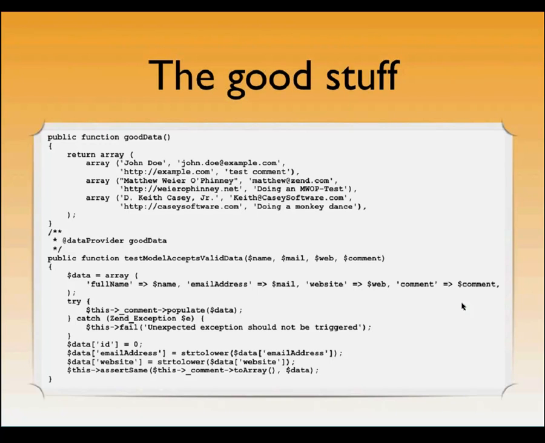Only this time we're also looking that we can populate our model, because a form is populated automatically, and this is tested by some frameworks, so we don't need to worry about it. But this is our own model, so we need to test it. So if we cannot populate it, we need to fail, because we don't want the exception to be triggered. And then we verify that we have all the elements there.